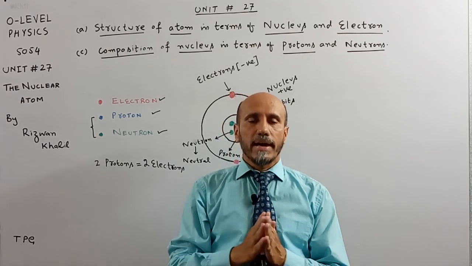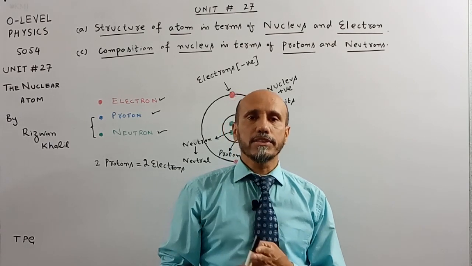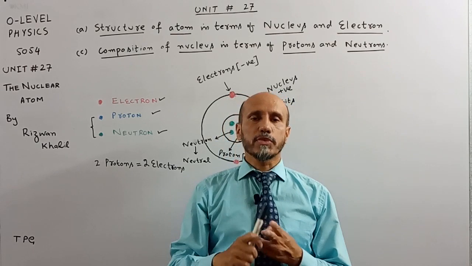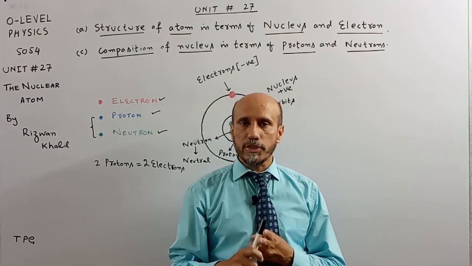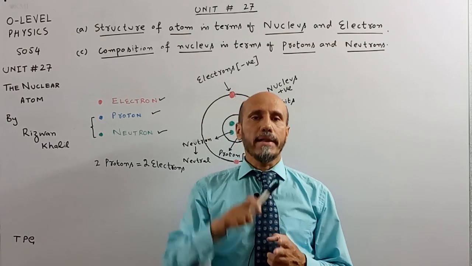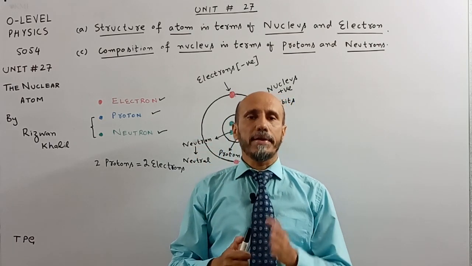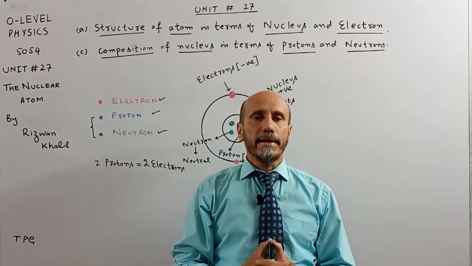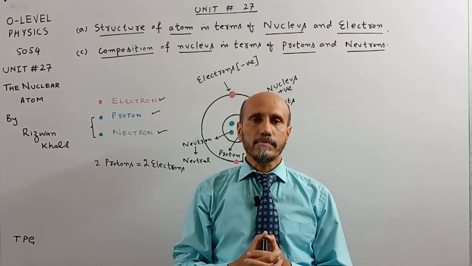So again I am going to repeat these 2 points, that atom consists of 2 types of particles. The central part of atom is called as nucleus, and nucleus is a positively charged particle, while around the nucleus in specific orbits, specific particles revolve, and those particles are called as electrons, and those electrons carry negative charges.